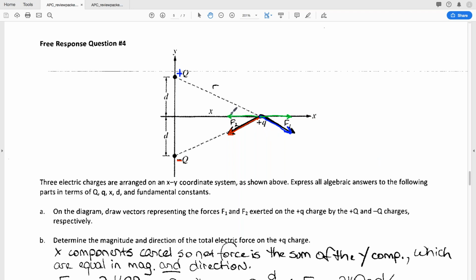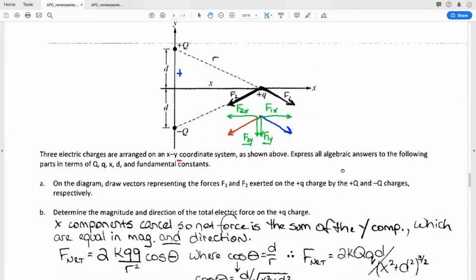If I'm calling the one on the left F2, then F2X is to the left and F1X is to the right. They're going to cancel each other out. The Y components, however, are both in the downward direction and they're going to add together. So I can call that F1Y and F2Y. If the magnitudes of the charges are the same and there's symmetry, so the distances are the same, then our net force is going to be these two added together, or just one of them multiplied by 2.